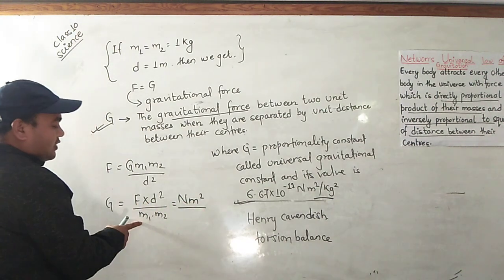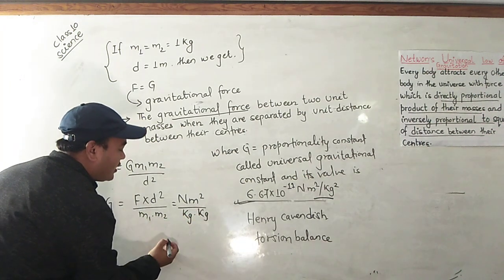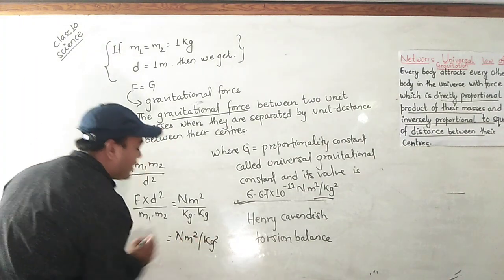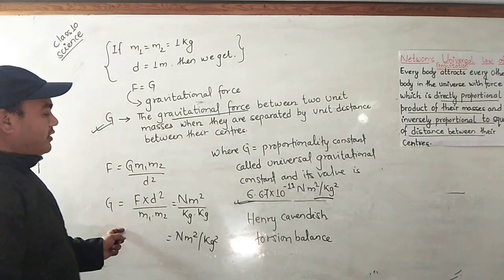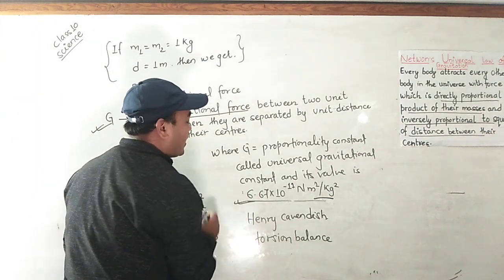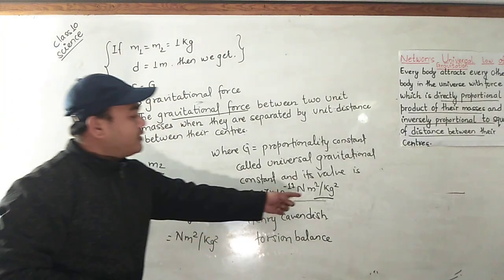Again, the SI unit of mass is kg, and next is kg. So it becomes Newton meter square per kg square. Like this way also you can know the unit, but I think you will memorize this value along with the unit.